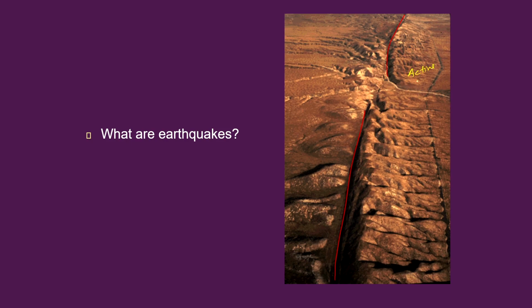So we will slowly learn how to identify these signatures of past earthquakes on the surface, and also how we will identify the signatures of past earthquakes preserved in sediment succession.